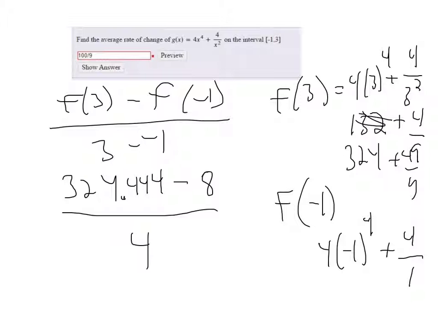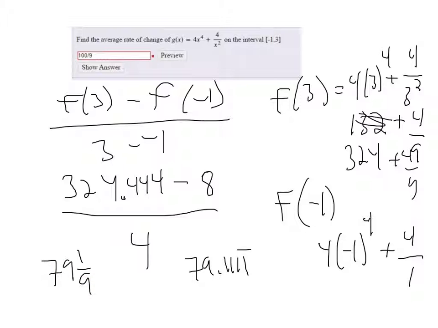My calculator is showing me that this is 79.1111. Now, if they're looking for a fraction here, they might be. I know that 0.1 repeating is the same thing as 1/9. So 79 and 1/9. And if I want to make that an improper fraction, because that's probably what they're looking for, I'm just going to do 79 times 9, then add 1.